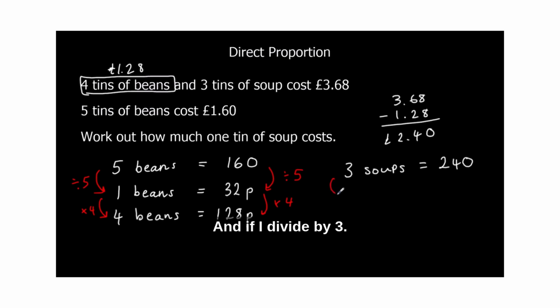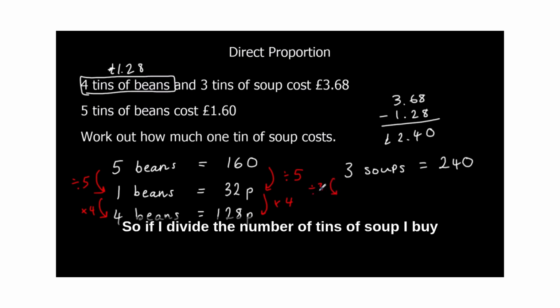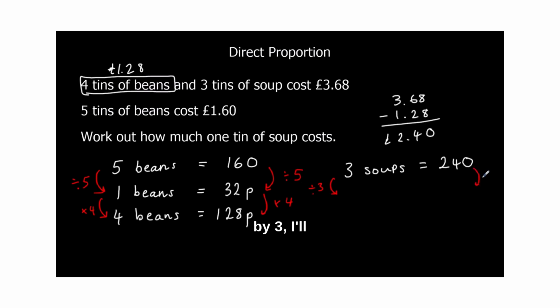And if I divide the number of tins of soup I buy by 3, I'll divide the cost by 3. So 1 tin of soup, 24 over 3 is 8. Add on the 0. So it's 80p. So 1 tin of soup costs 80p.